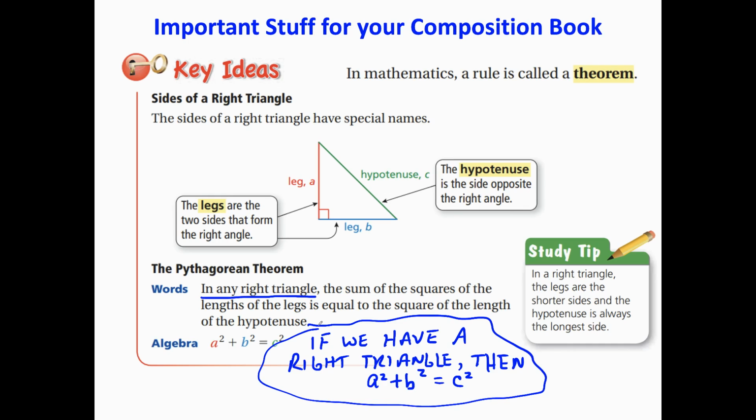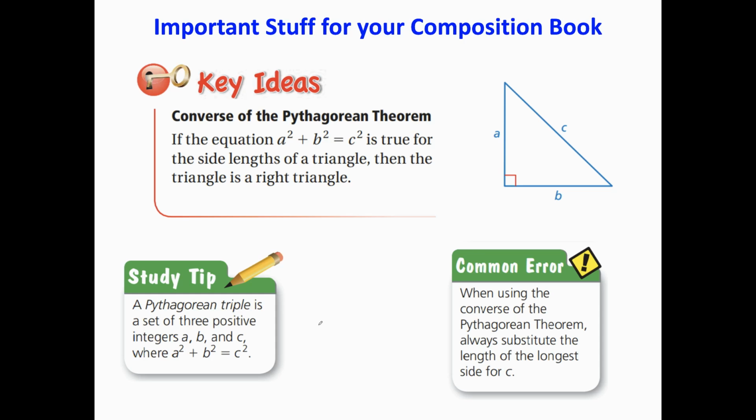You'll see a lot of theorems like that as you move on throughout your math careers. So if we have a right triangle, then a squared plus b squared equals c squared. Now let's look at what the converse would be. The converse would be the opposite: if this equation is true for the side lengths of a triangle, then the triangle is a right triangle.